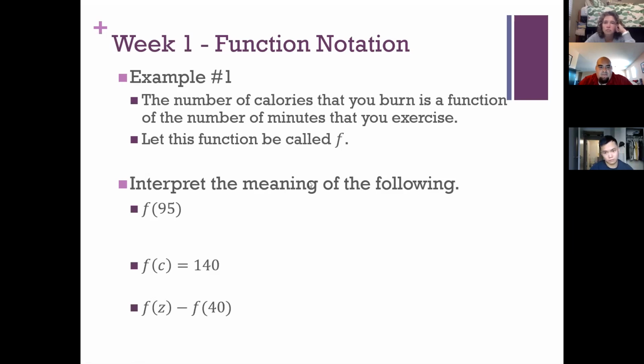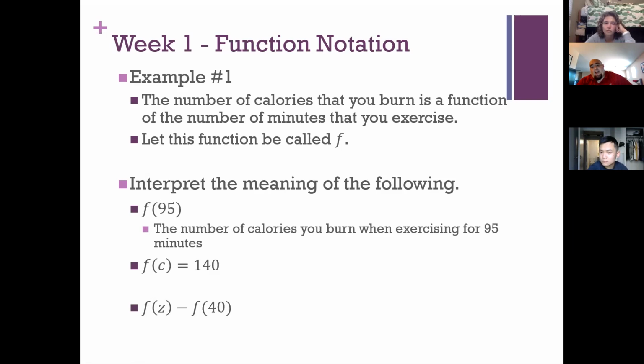So I think a few of you are saying things that are different words, but same kind of meaning here. So the way I worded it was the number of calories you burn when exercising for 95 minutes. So obviously there are many, many ways we can express these, but as long as you have the core meaning there, we're all good. How about f of c equals 140?